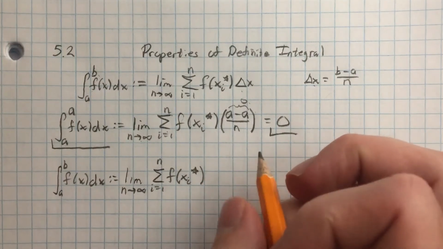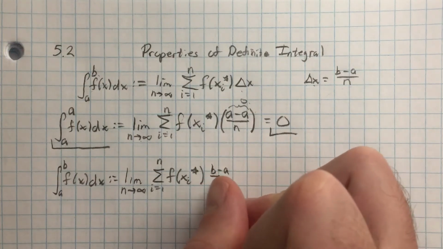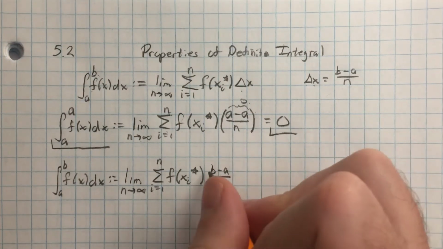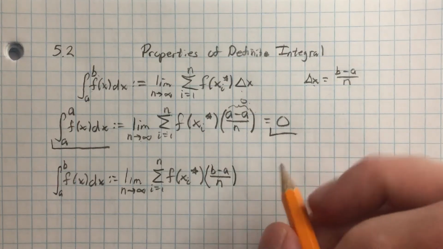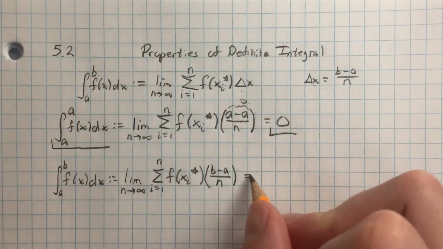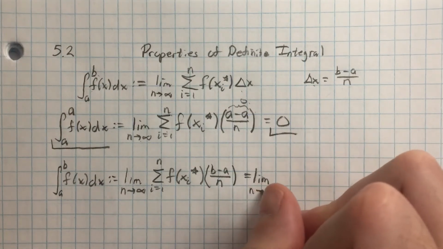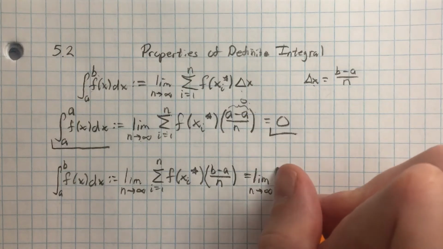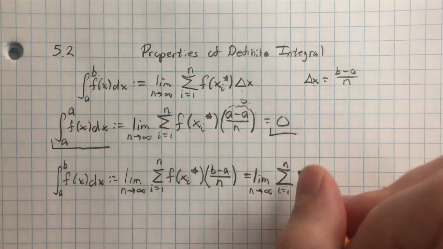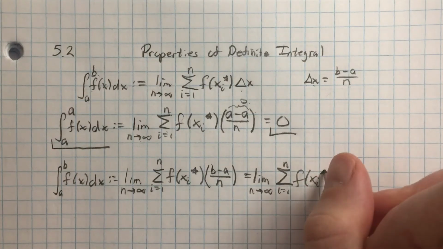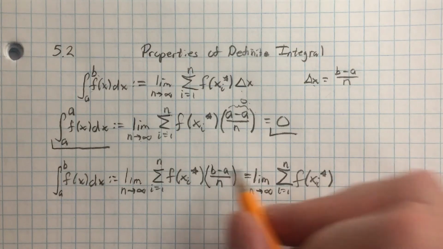I'm going to go ahead and write delta x as b minus a on n, instead of just writing the delta x symbol, because I want to manipulate it to express another property. This should be exactly the same, with only one thing changed. Instead of having b minus a, I'm going to have a minus b.